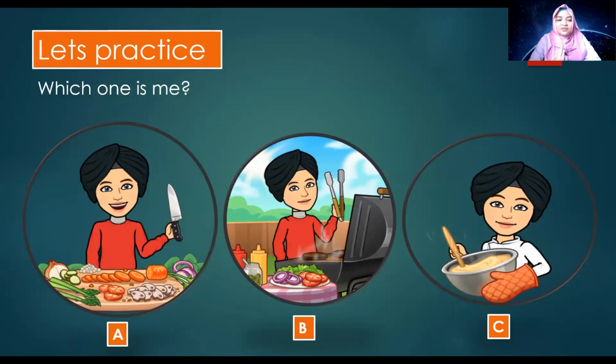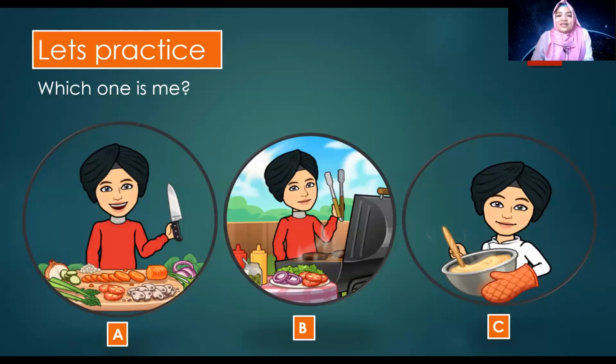I cut the vegetable with knives. Okay, it seems A, right? But I'm not finished yet. I said that I grilled two slices of meat in my grill, and I hold a spatula with my left hand. Berarti yang benar yang B.